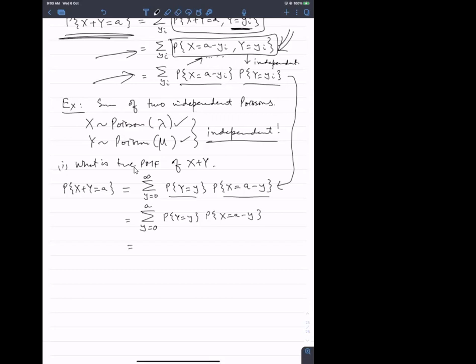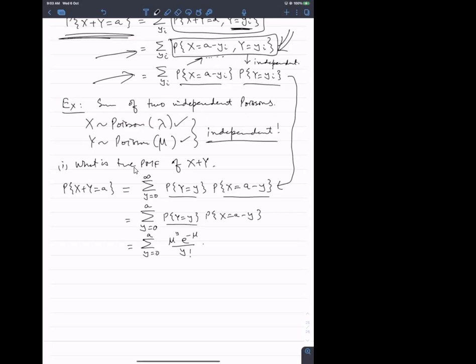So y taking a value y, what is this probability? Y is a Poisson with parameter mu. So this should be equal to mu power y, e to the minus mu, divided by y factorial. I have written the Poisson probability, the Poisson PMF.